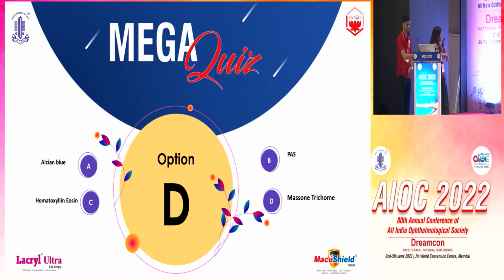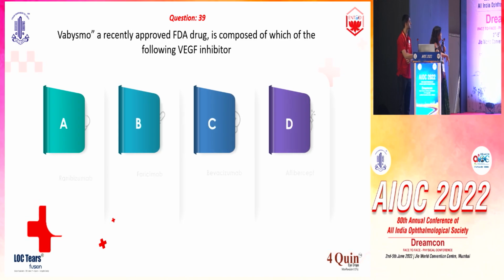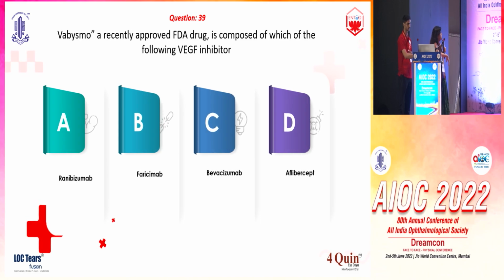Should we come to the next question? Alright, this is just to show Masson trichrome and PAS. Vabysmo, a recently approved FDA drug, is composed of which of the following VEGF inhibitors? Ranibizumab, faricimab, bevacizumab, and aflibercept.